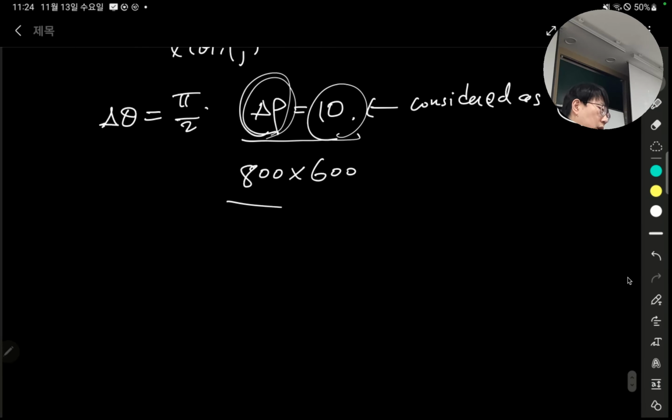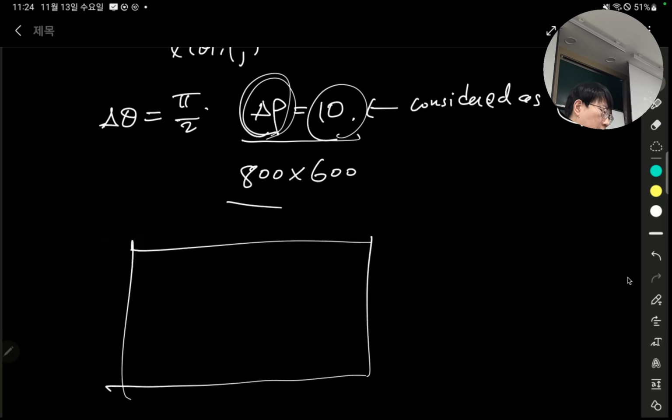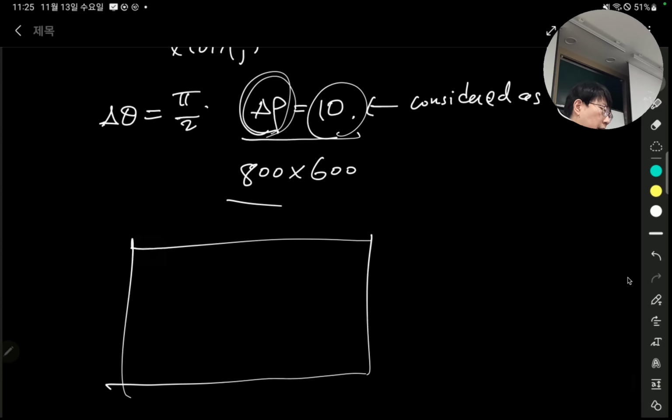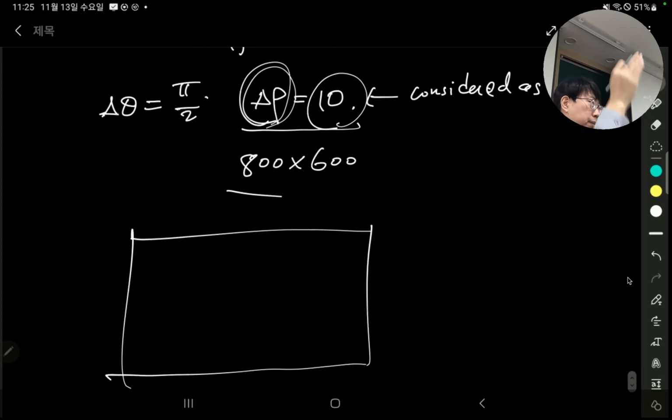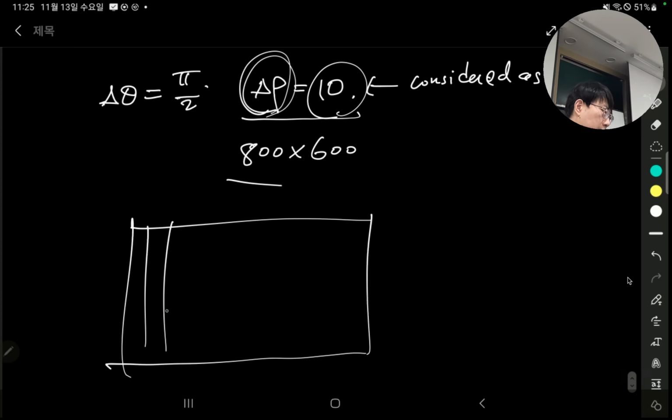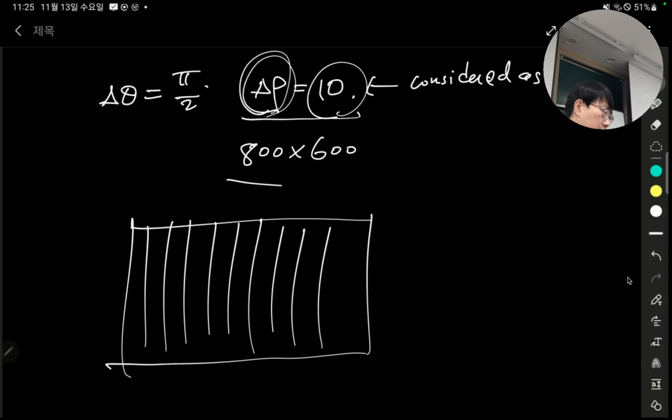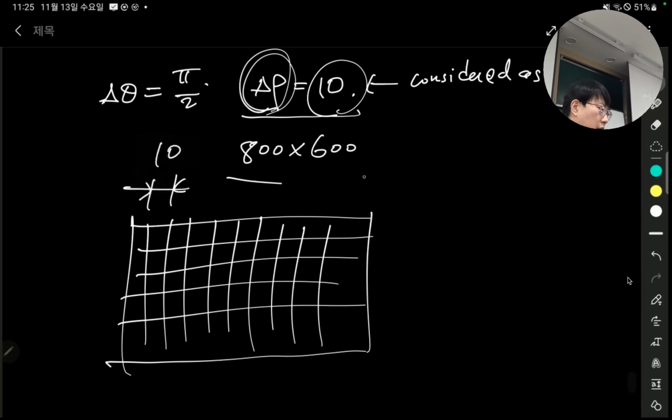What I'm doing here is taking imaginary vertical and horizontal lines, separated apart by 10 pixels. So this distance is all 10 pixels, and also vertically. There are basically 81 or 80, depending on where you start from.